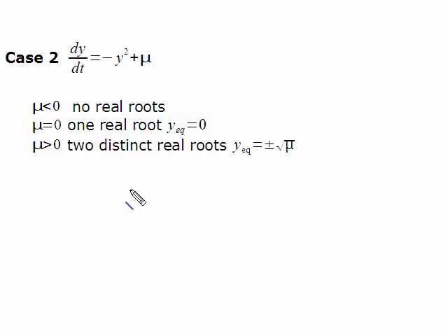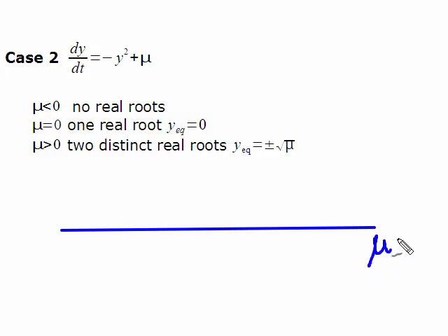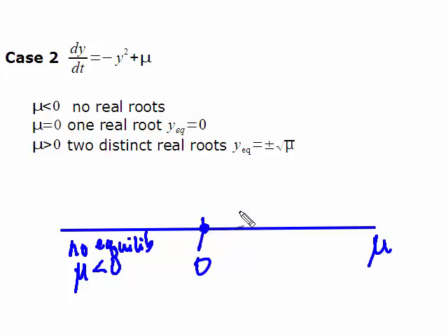So this will allow us to draw a group of phase lines against the parameter. This axis is the parameter. Here it's 0. In this case it's negative. There are no roots here, no equilibrium values here. At 0 there's 1.